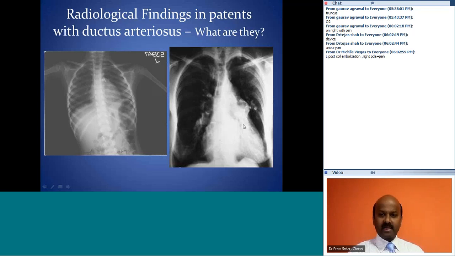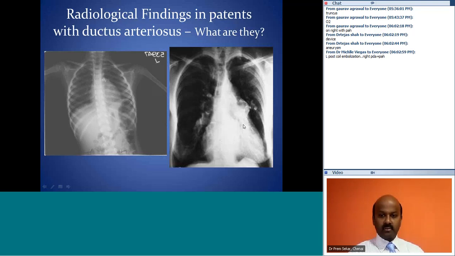So on the right, the adult has a large PDA which shows calcification. On the left, as you have rightly suggested, there is a child who has had a coil embolization of the PDA.